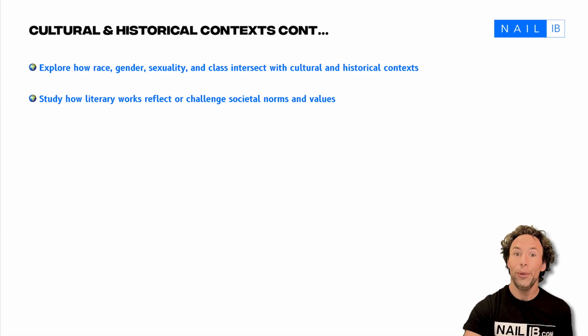Literature, through this method, has the power to really amplify those voices, and it has the ability to challenge dominant narratives. Through the analysis of marginalized groups, we ourselves can then gain insights into issues of power and privilege and social justice through the literature that we're exposed to.